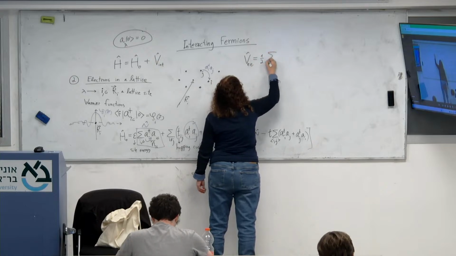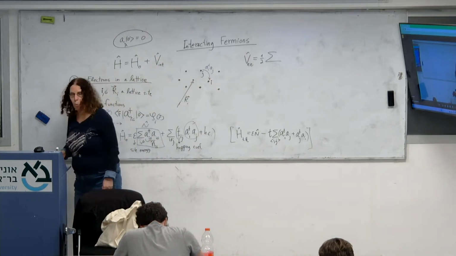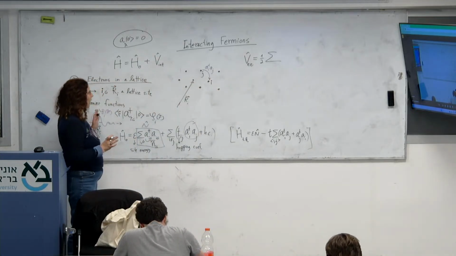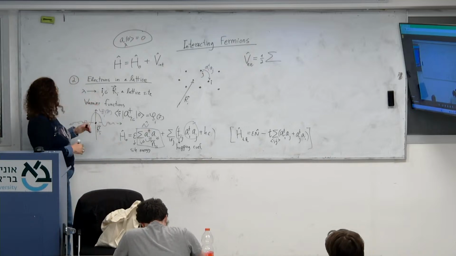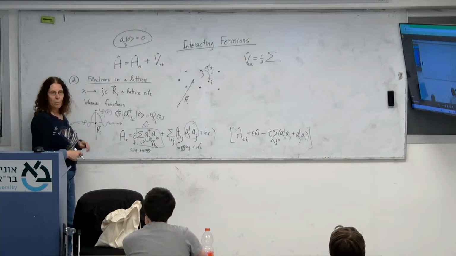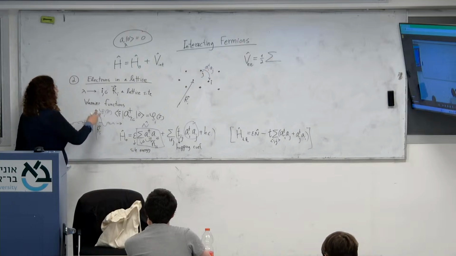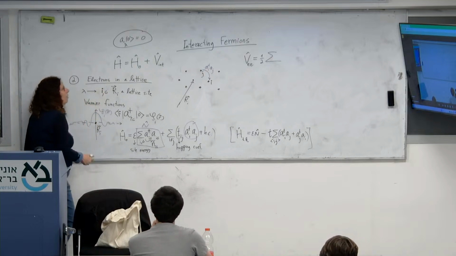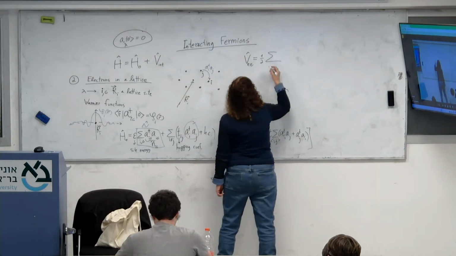Once again, I choose a basis for H_0, and now I'm summing over all the possible indices and all the possible scattering processes.